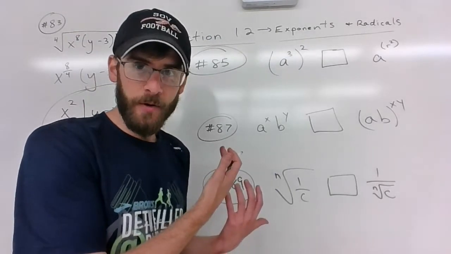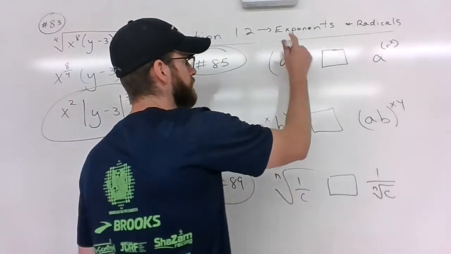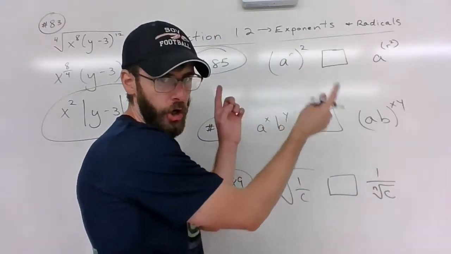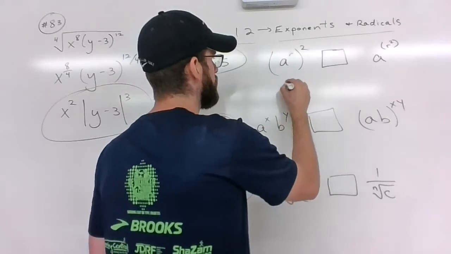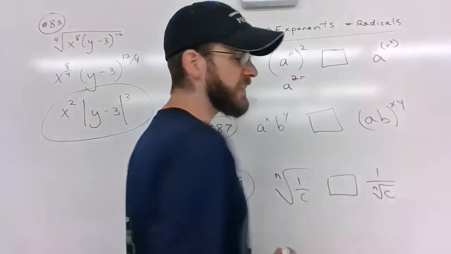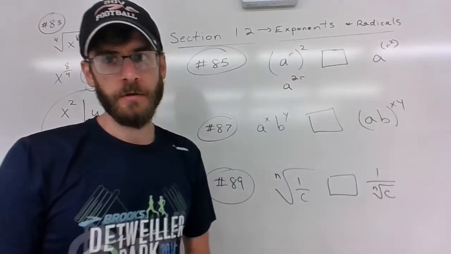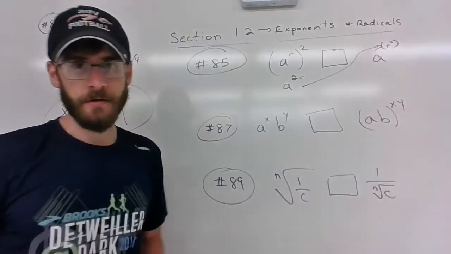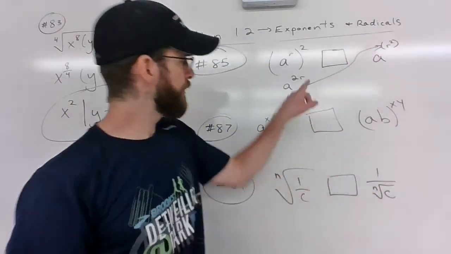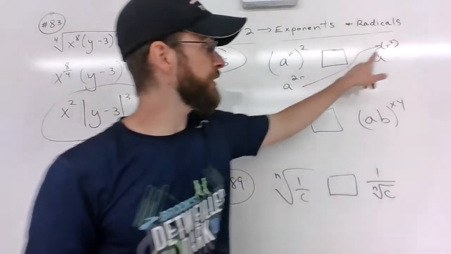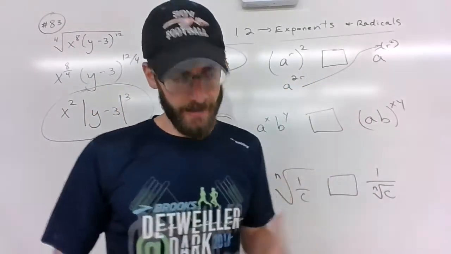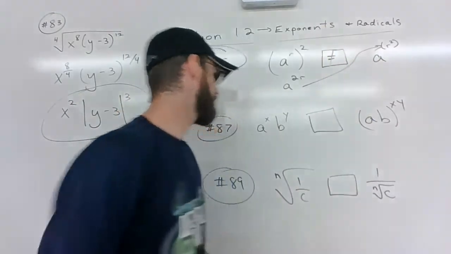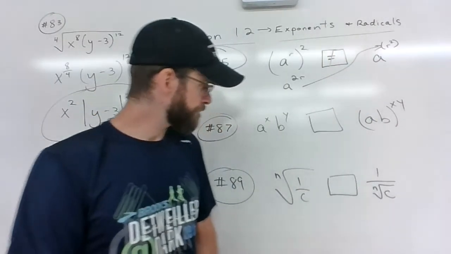It'd be a to the 6th power. So we're multiplying r times 2. So it's technically 2r, which is not r squared, right? If we plug in again, 3 times 2 would be 6, 3 squared would be 9, and those would not equal each other. Ha! All right, next one.